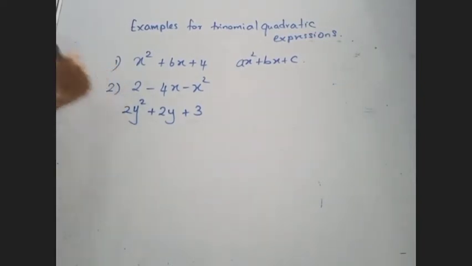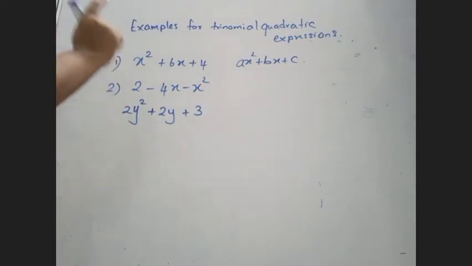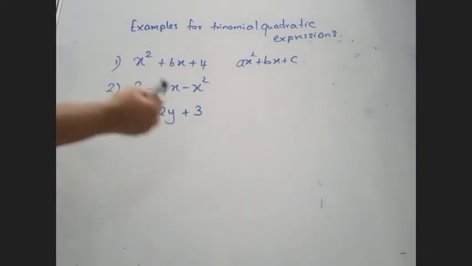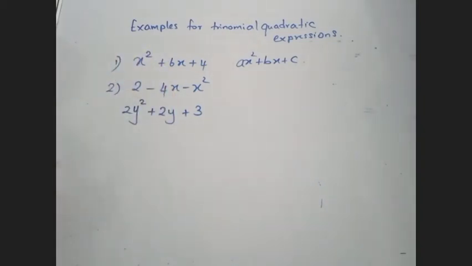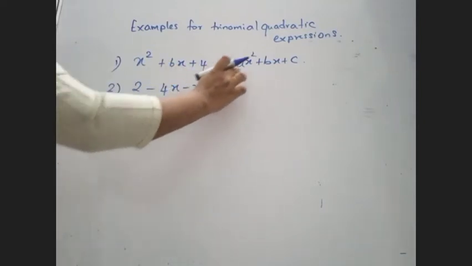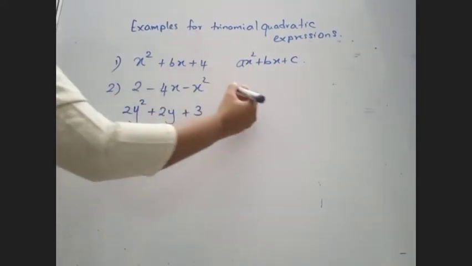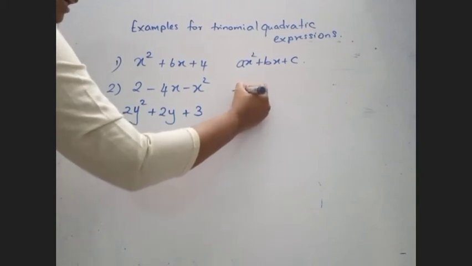Now look at the second example. This is also a trinomial quadratic expression, but it is in a different order, right? So you need to rearrange it before you factorize it. That's very important. So let's rearrange it and write it again. Here x square must come in front, which is negative x square.